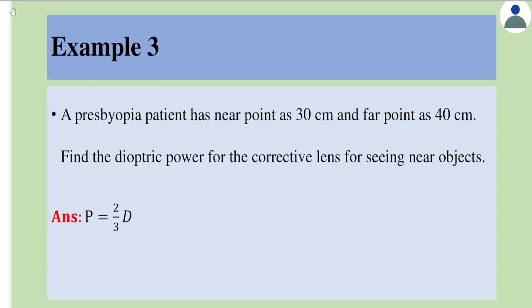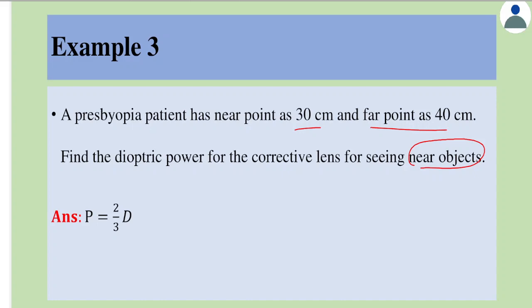Example 3 says a presbyopic patient has a near point of 30 cm and a far point of 40 cm. Find the dioptric power, or just in simple language the power, of the corrective lens for seeing near objects.